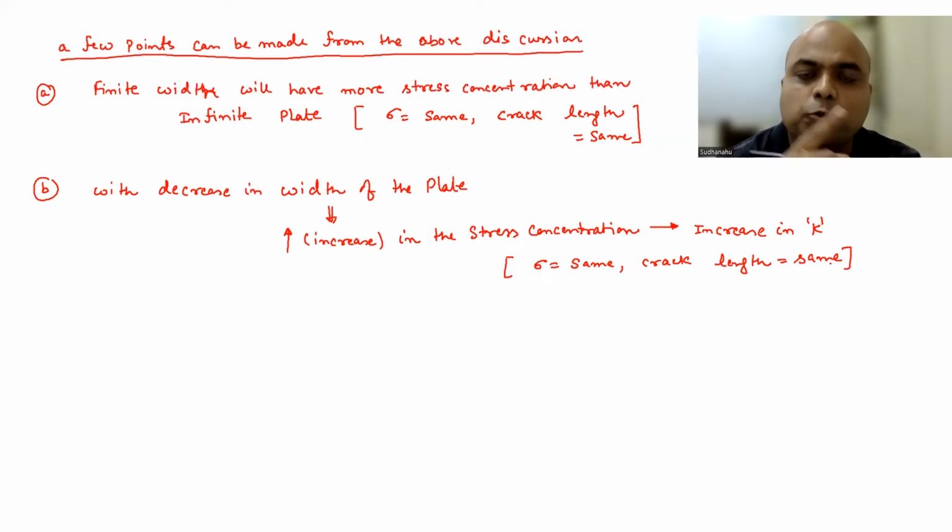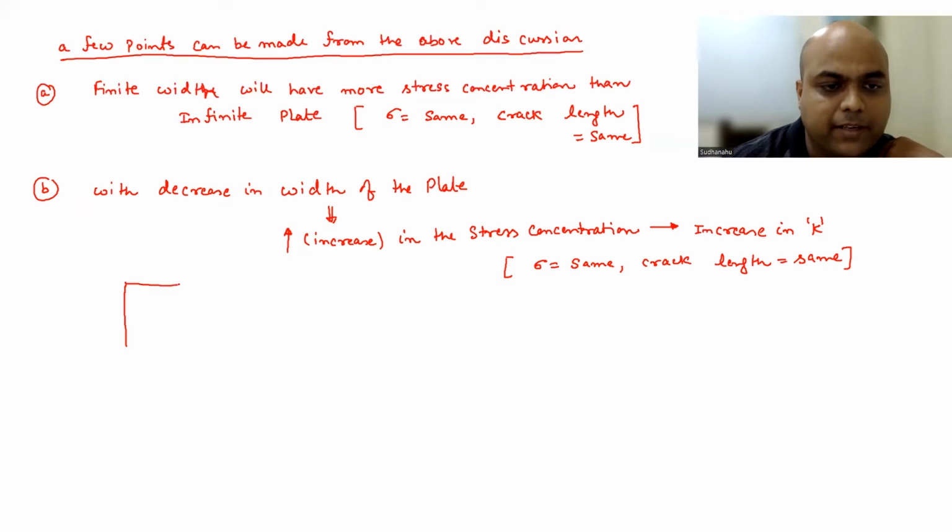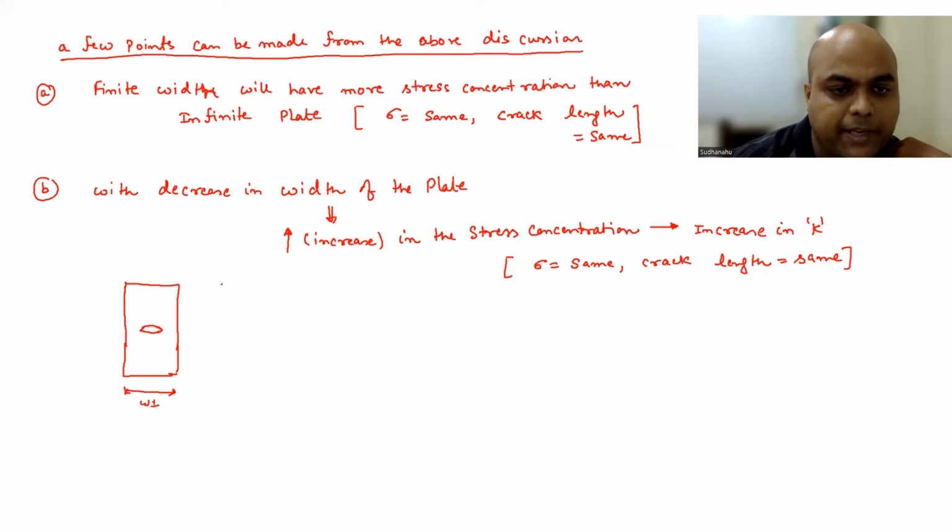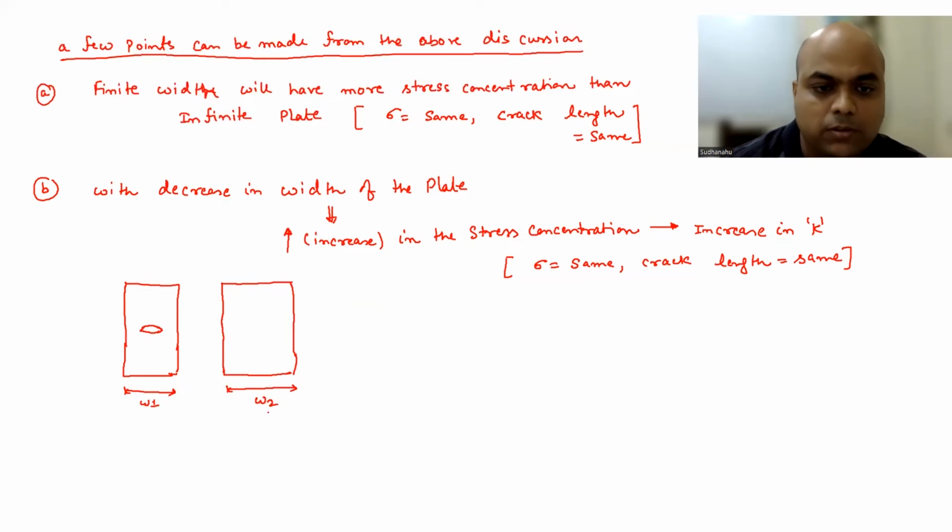So now let's consider two plates. One has a small width W1 and the other W2. So we have two finite plates. Crack length remains the same in both cases. This is W1, and another plate, also finite but having higher width, is W2.